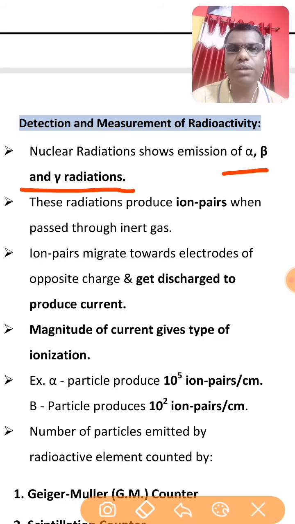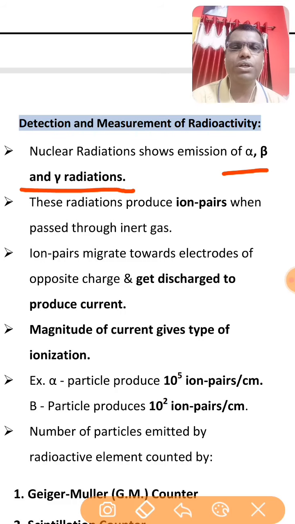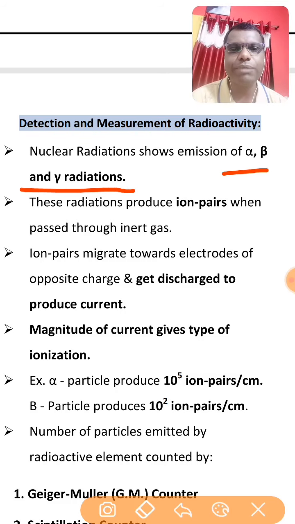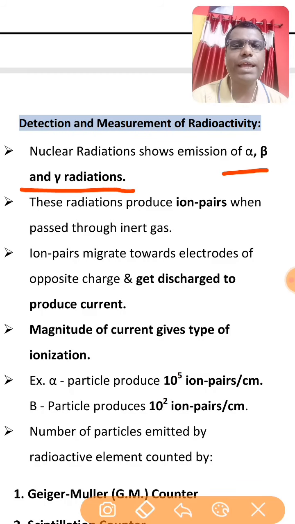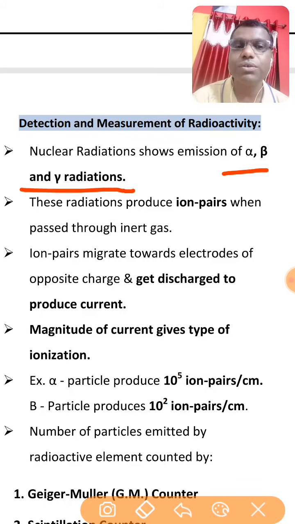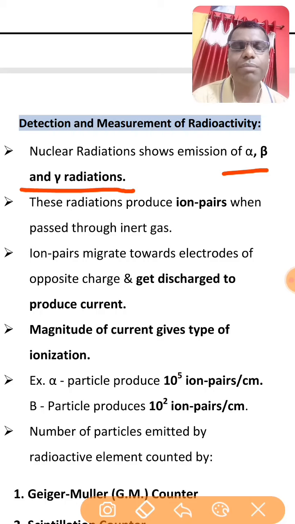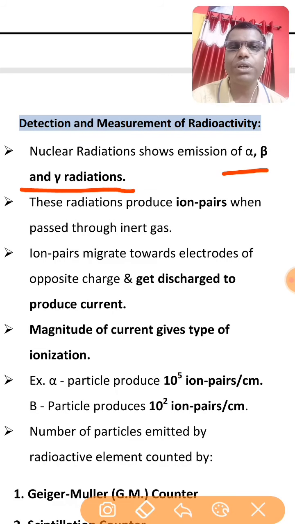This is very important, because once the type of radiations emitted by any radio element is identified, definitely we will be able to find out the type of decay, and this is very important to know the relationship between mass number and atomic number of the daughter element as well as the parent element. So that's why the detection and measurement of radioactivity or radioactive decay is very important, and there are three types.